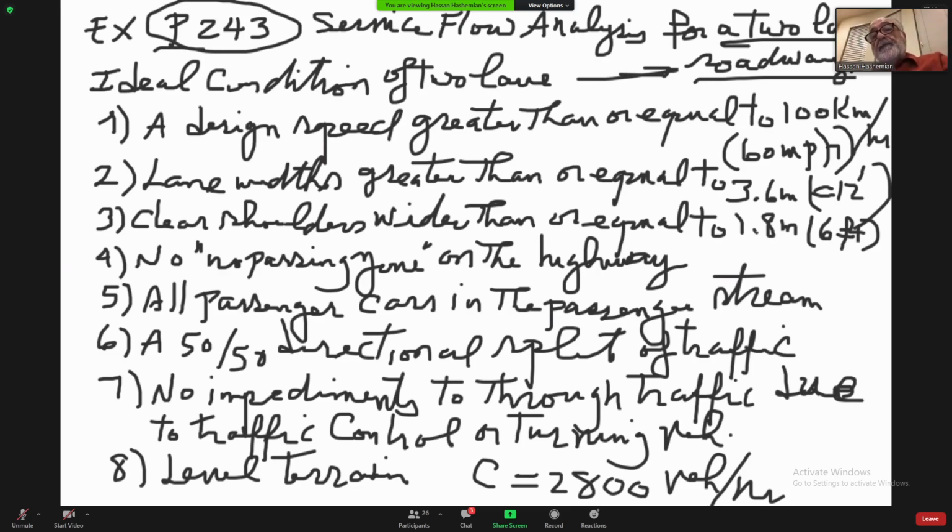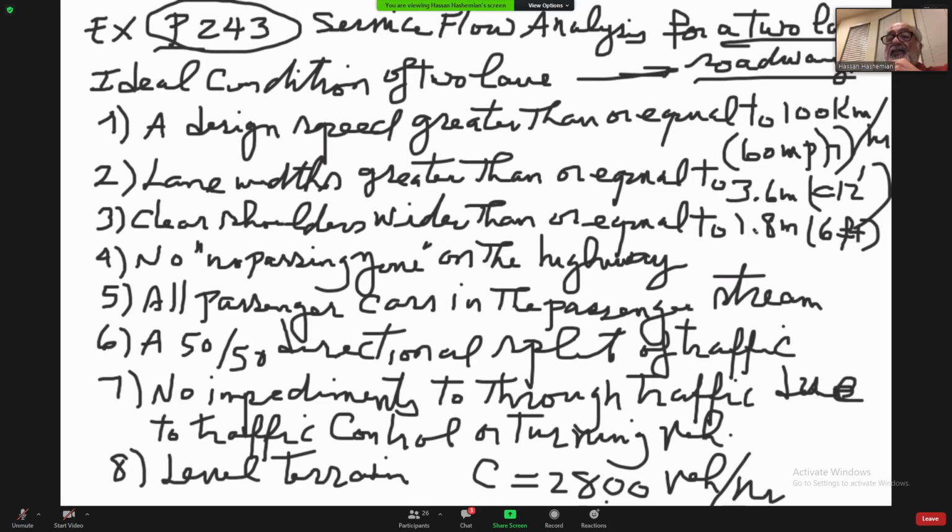Now, obviously, a lot of them we might not have. For instance, you might have lane width not equal to 12 feet, could be 11 feet. You might have some areas with no passing zones. Maybe you don't have a 50-50 directional split. Maybe it's not level terrain. Any of those changes, and this capacity will go down.